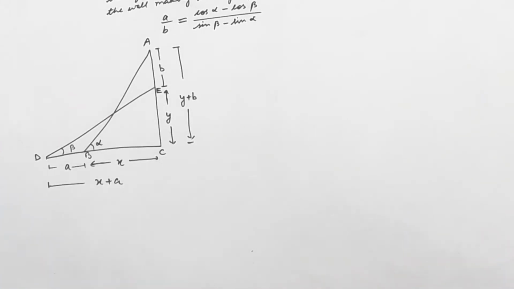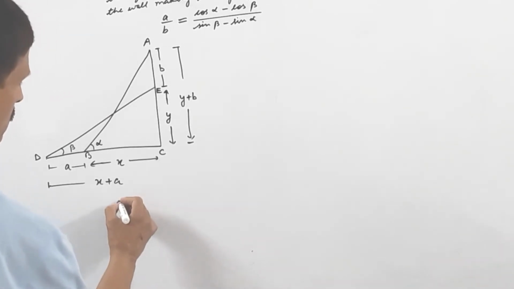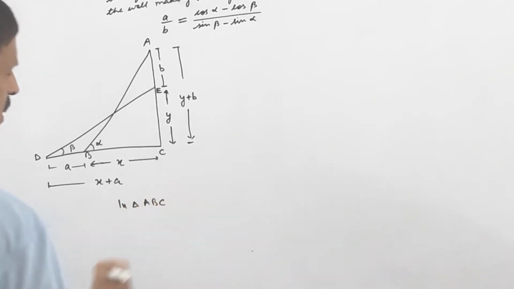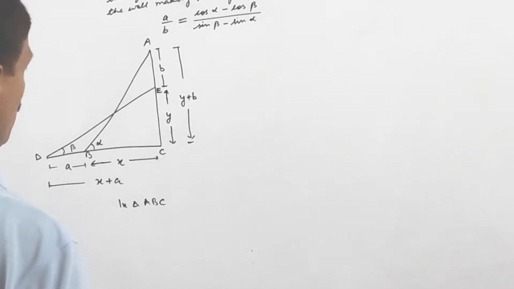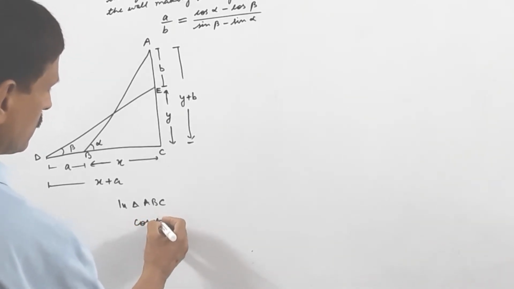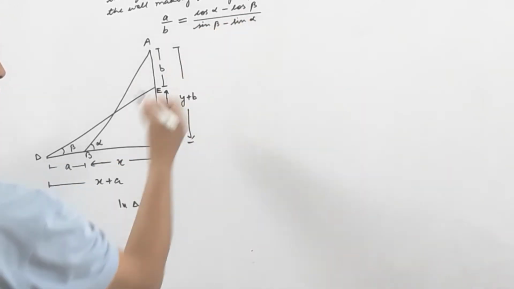Now we consider triangle ABC. In triangle ABC, we consider these ratios.